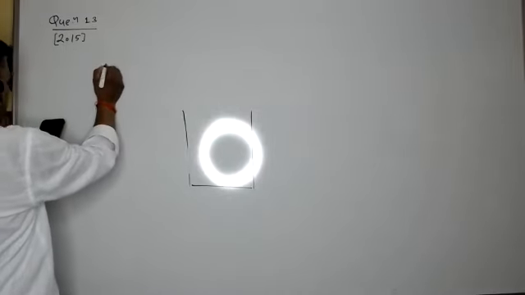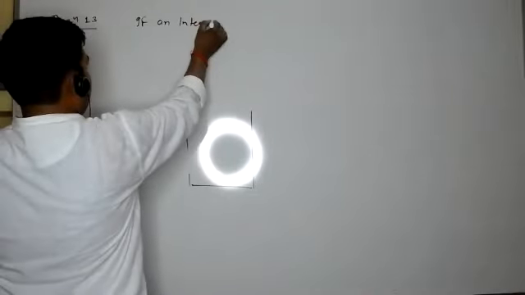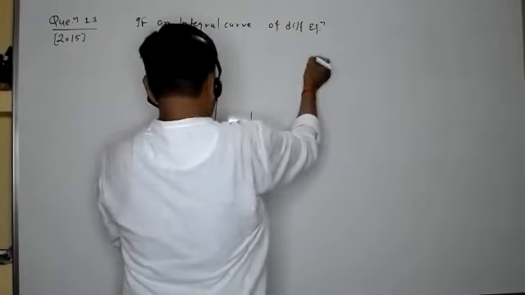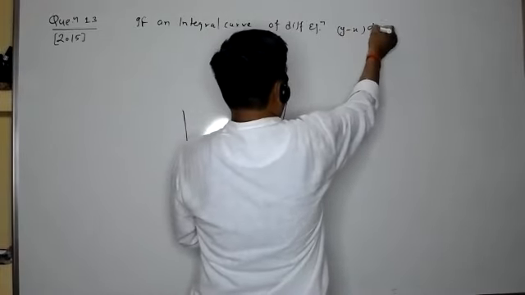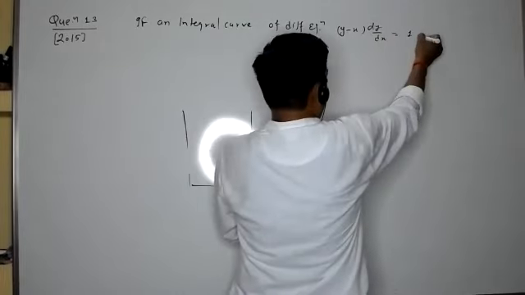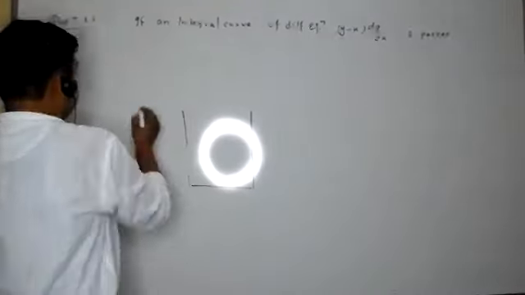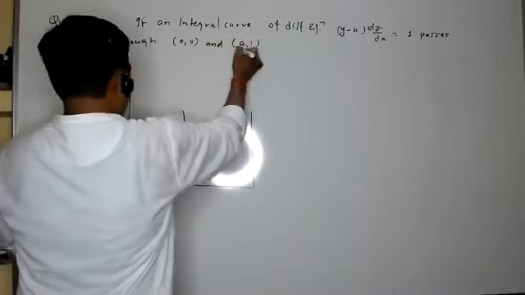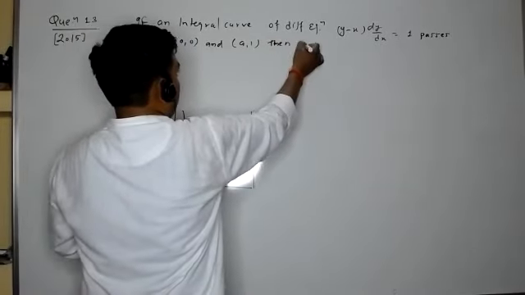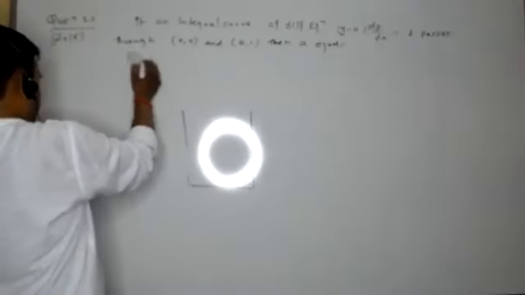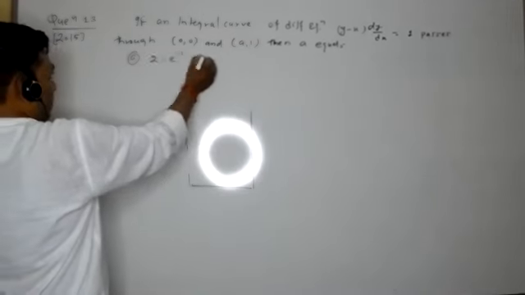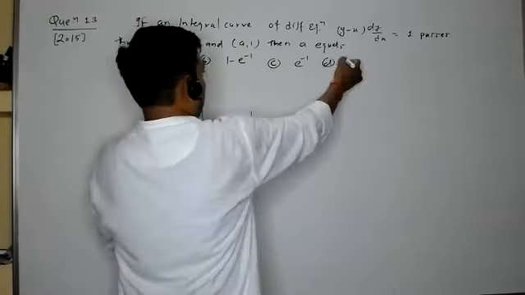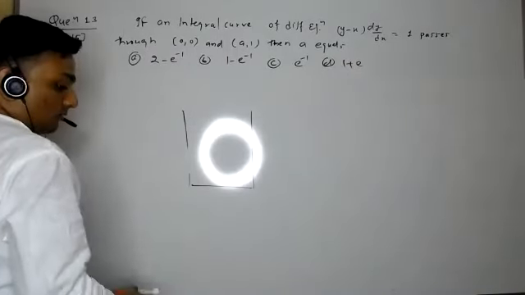The question is, if an integral curve of the differential equation y minus x into dy over dx equals 1 passes through (0, 0) and (a, 1), then a equals, your options are: 2 minus e inverse, 1 minus e inverse, 1 plus e. Yes, answer it fast.